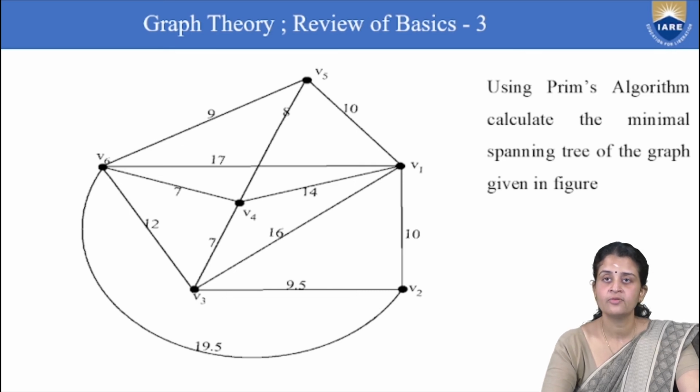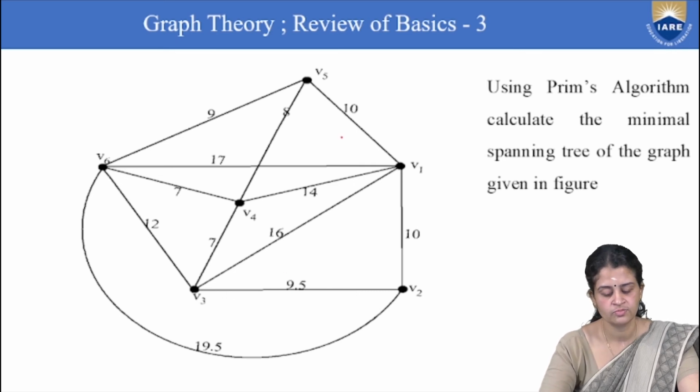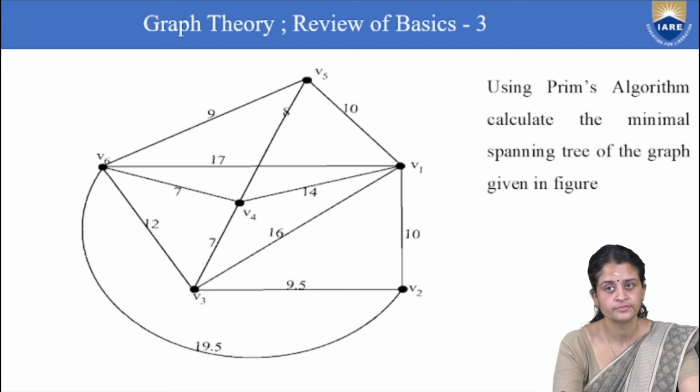Here we have a graph with 6 vertices, which are the vertices V1, V2, V3, V4, V5 and V6. V1 is connected to V2, V3, V4, V5 and V6. V2 is connected to V1, V3 and V6.